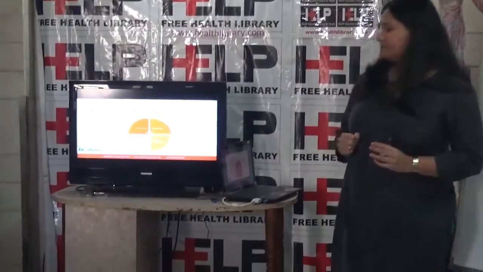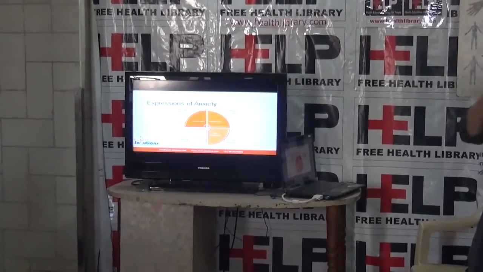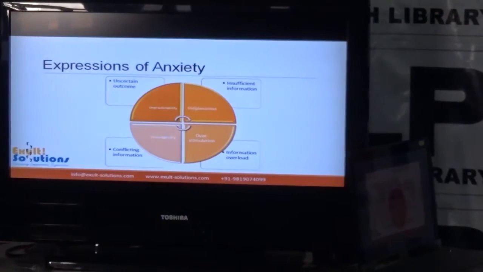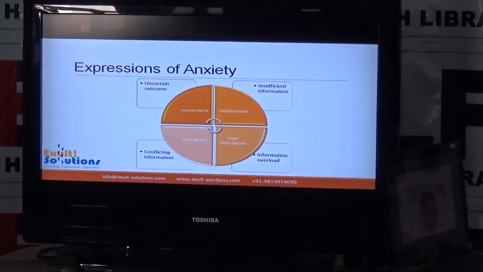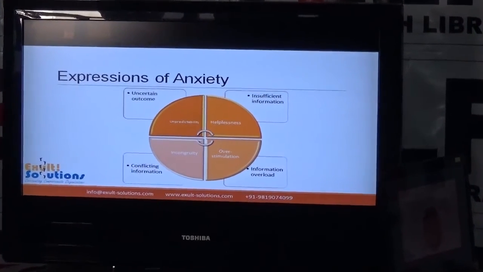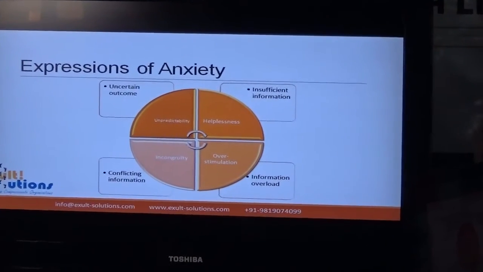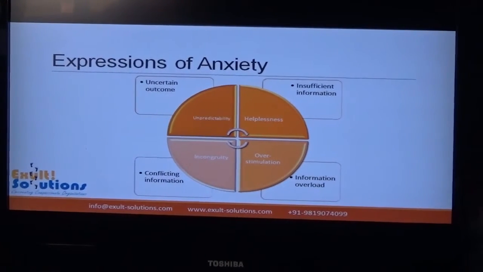So here we're talking about the preventive measures we can look at, in terms of how we start identifying that this anxious part exists in the early stages, so that it doesn't come to the stage of a disorder in the first place. One thing that can help us identify it is to check: are we feeling helpless about a certain situation?